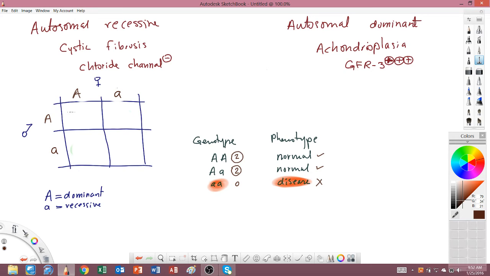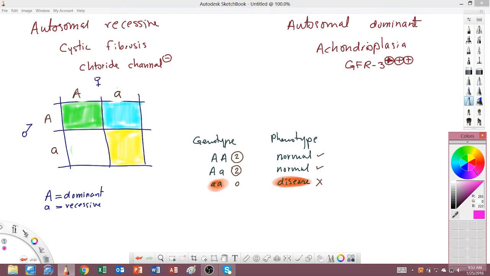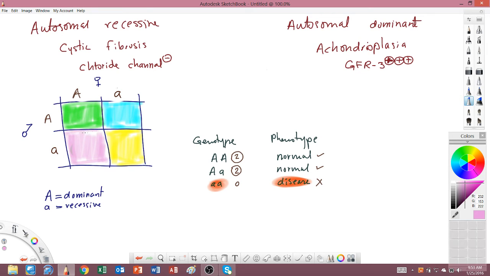So child 1, I'm going to color it green so we can relate to it. Child 1 will be the green area. In reality, child 1 can even be the yellow square. It doesn't matter, just for us to have some understanding. Child 2, let's call it blue, and child 3 is this purple.